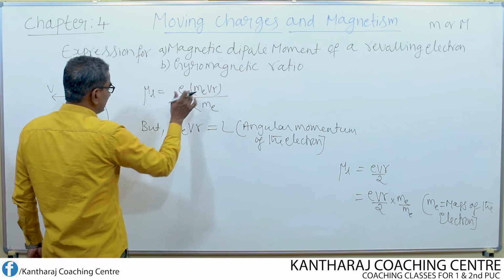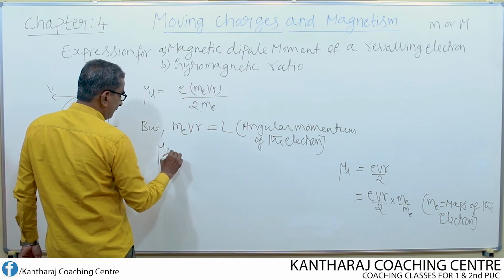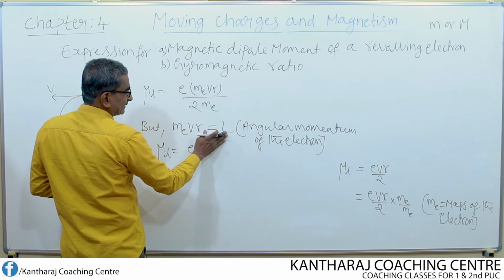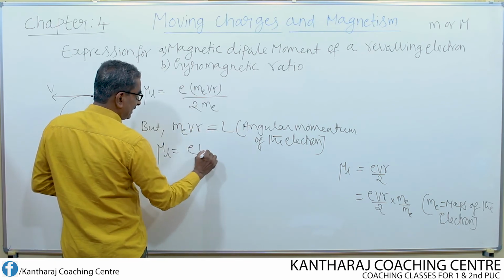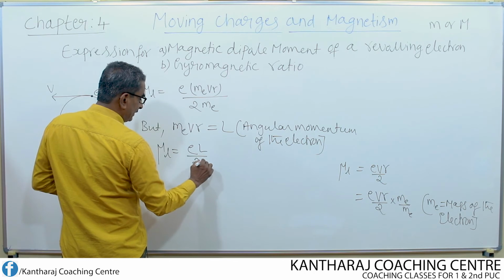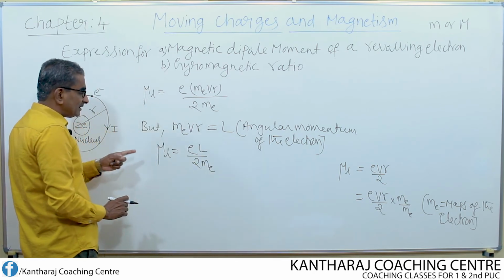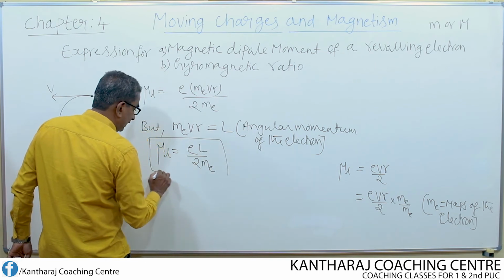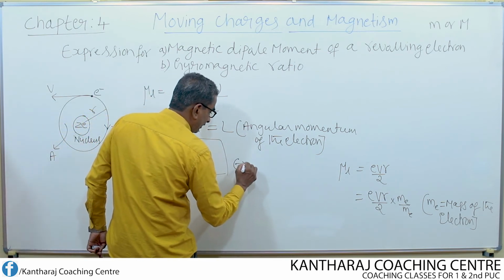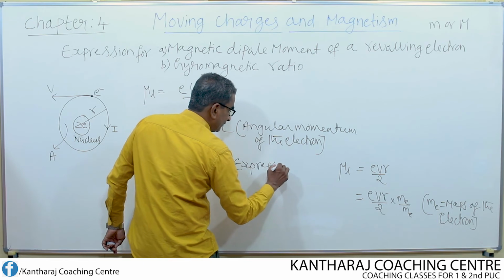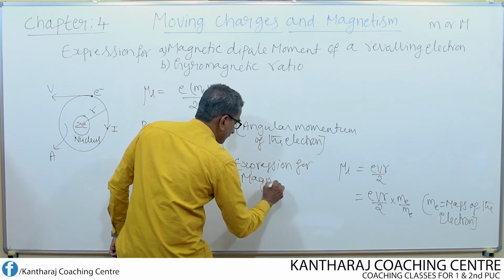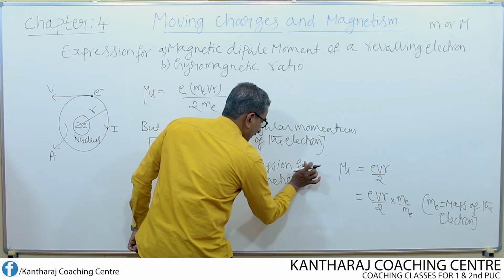So if I substitute that in this equation, it becomes mu L equal to E into L divided by 2 into ME. Now this is the expression for the magnetic moment of a revolving electron.